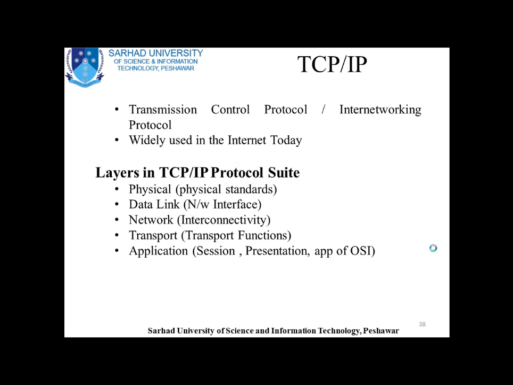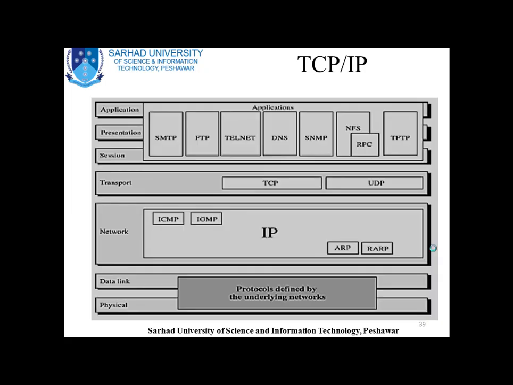I have told you earlier that the OSI model is not practically implemented, but it is a base, or you can say a background. It provides the base to any other models that will be followed. So the TCP/IP model is basically a practically implemented model. It is widely used nowadays on the internet, and you see in the diagram that this TCP/IP model also corresponds to the OSI model.